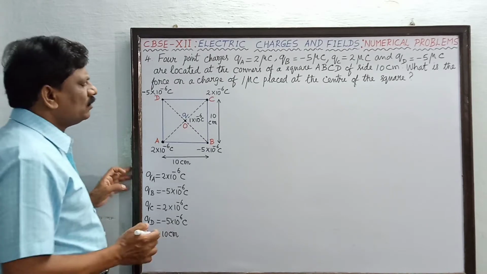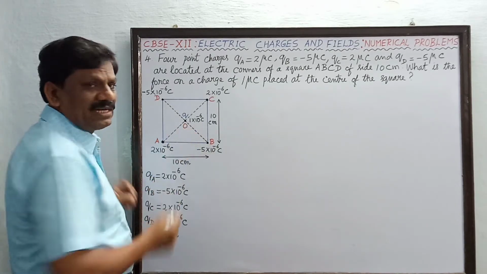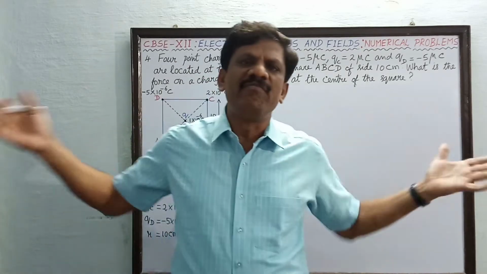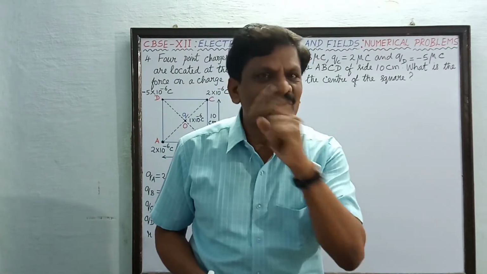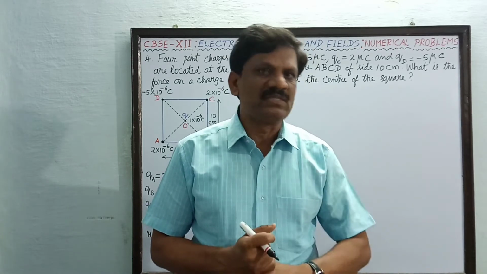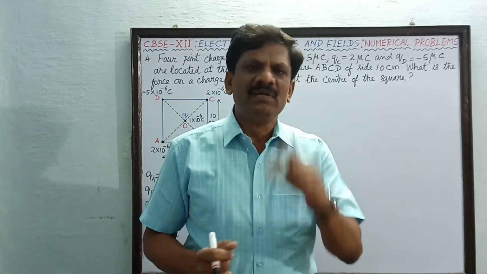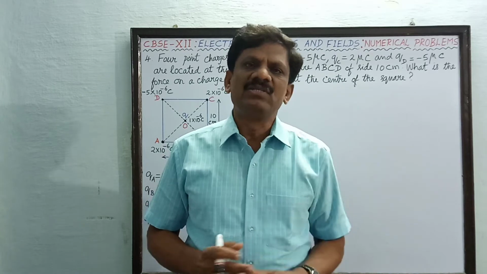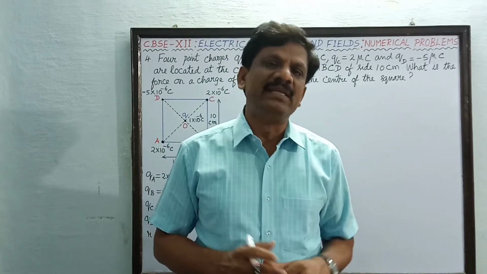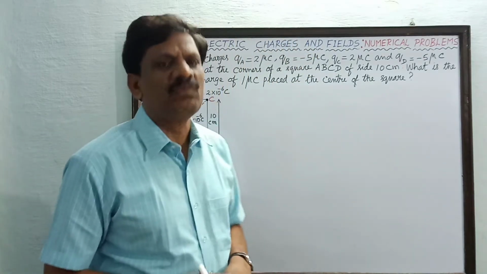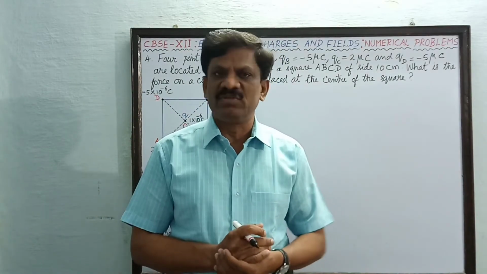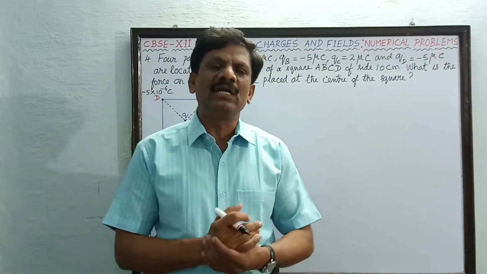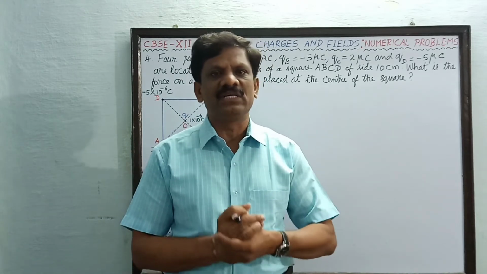Now this middle charge Q is surrounded by 4 charges, hence it will experience 4 forces. The middle charge Q equal to 1 microcoulomb is going to experience 4 forces, out of which 2 are repulsive due to the positive charges and 2 are attractive due to the negative charges.